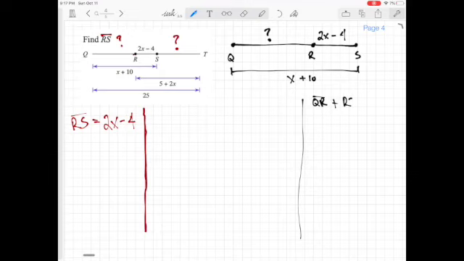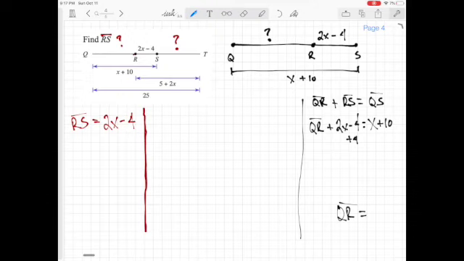QR plus RS is going to equal QS. And we don't know QR, so that's going to stay as it is. But we know RS is 2x minus 4, and we know QS is x plus 10. So now we're going to try and get QR alone to see what it is.